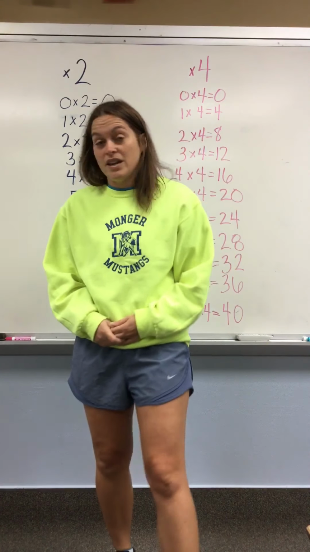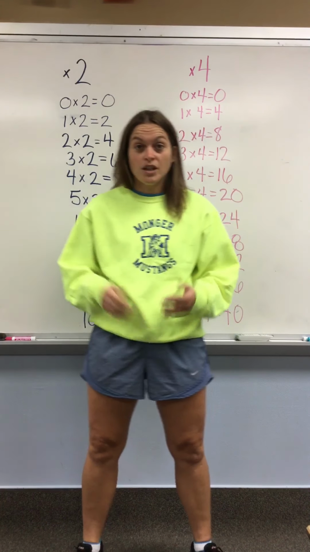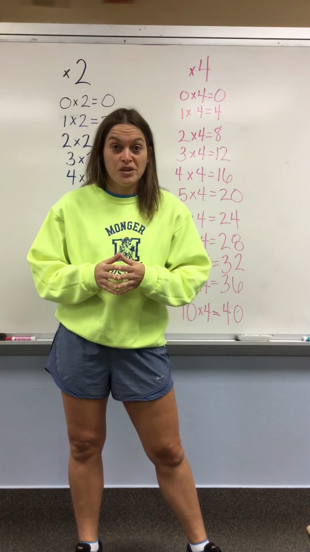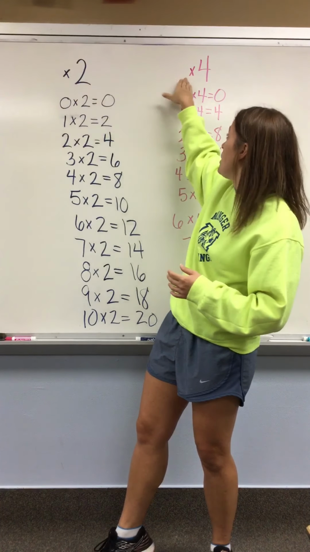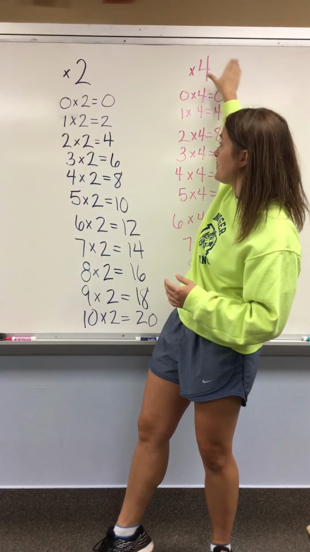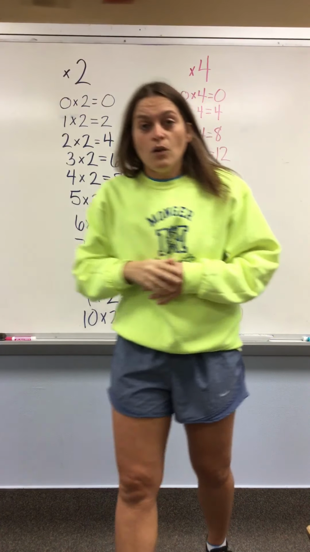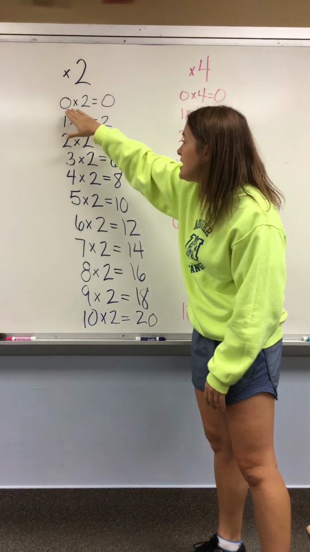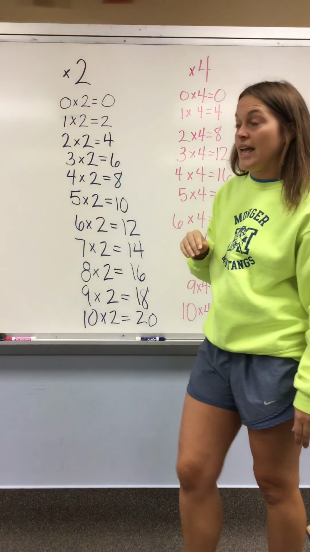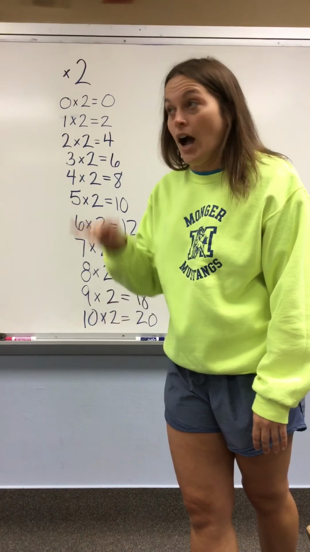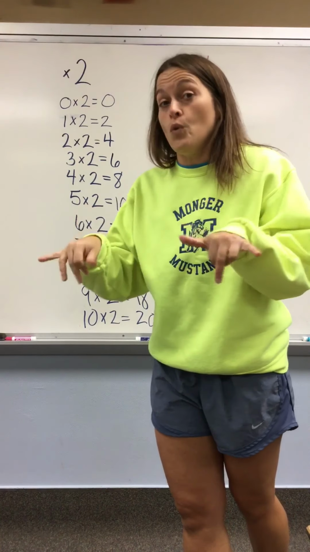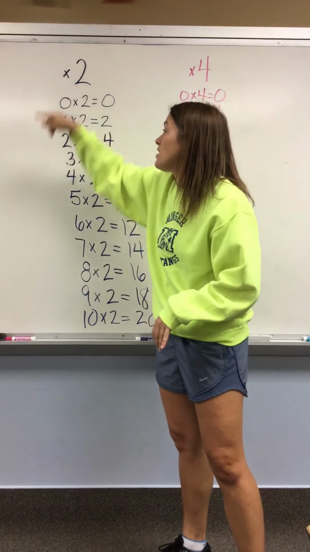Today, I wanted to show you 2 new multiples. Times 2 and multiplying by 4. When we multiply a number by 2, we are doubling it. I'm taking 2 of whatever I started with.